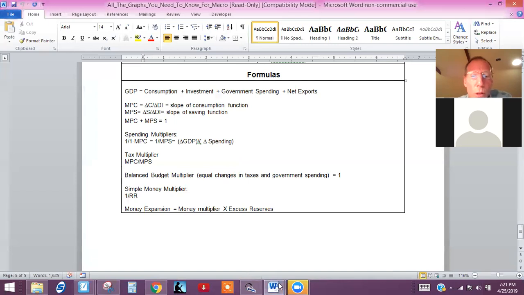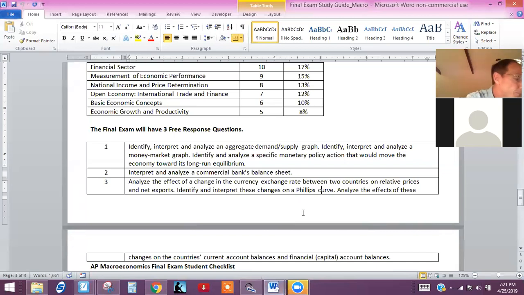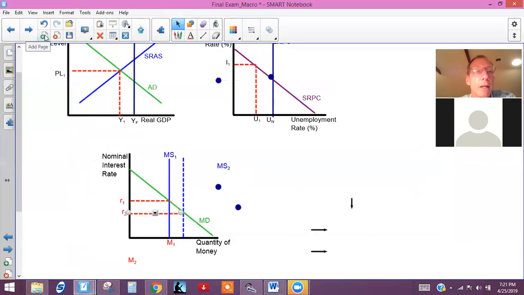And then the last one we're going to look at is this idea of a currency exchange rate. Now, the important thing here is to understand when you are given... okay, so let's say you're given, let me just get a blank sheet here.